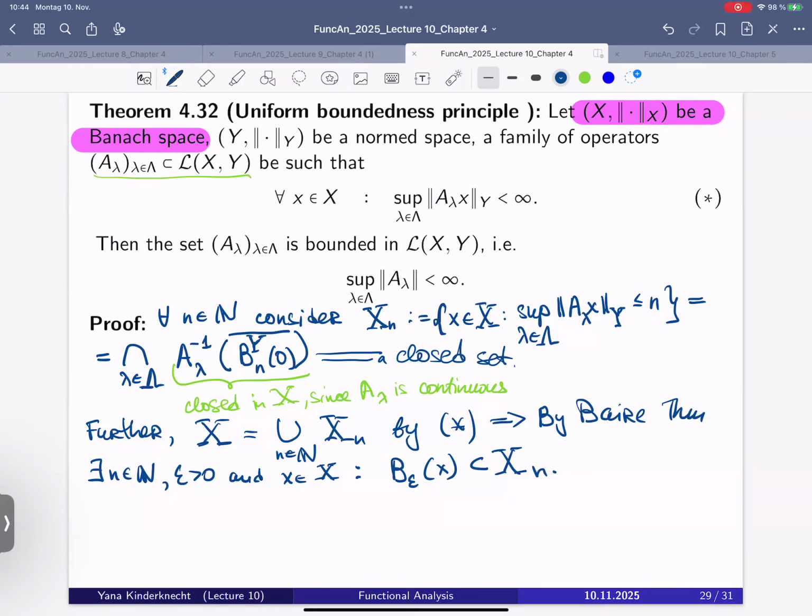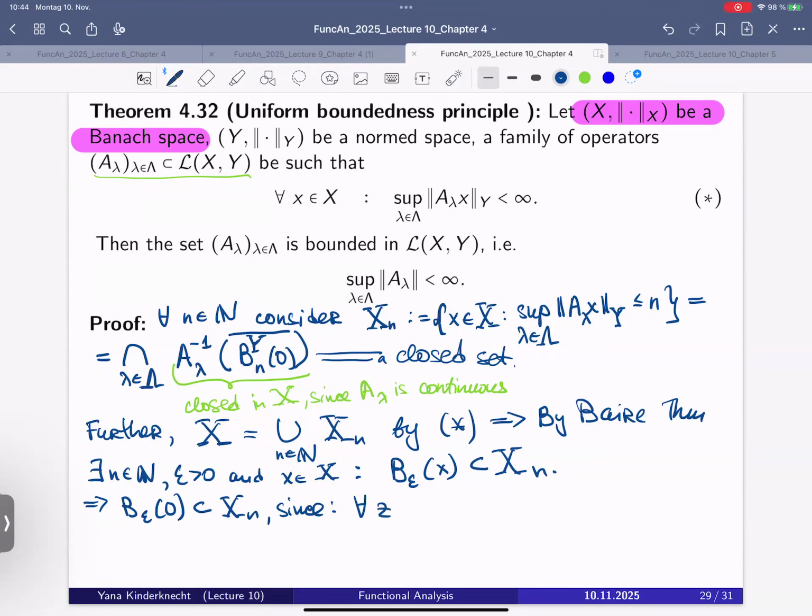At least one of the X_n's contains an open ball. Now the next step: we show that the shift of this ball, namely such a ball of radius epsilon but around 0, is also an element of X_n. So let us show it.